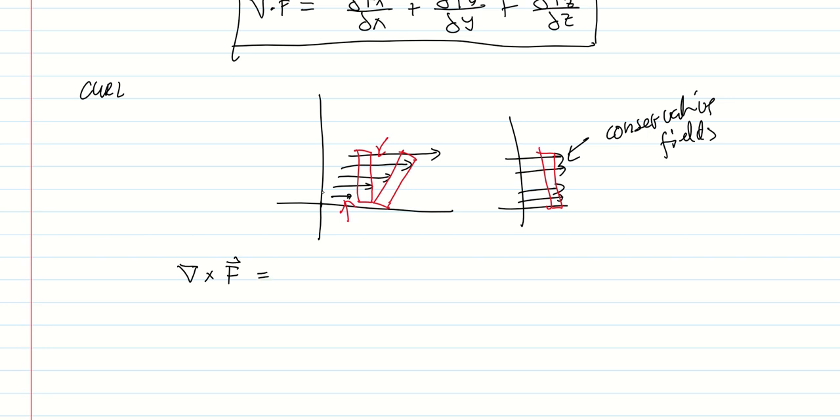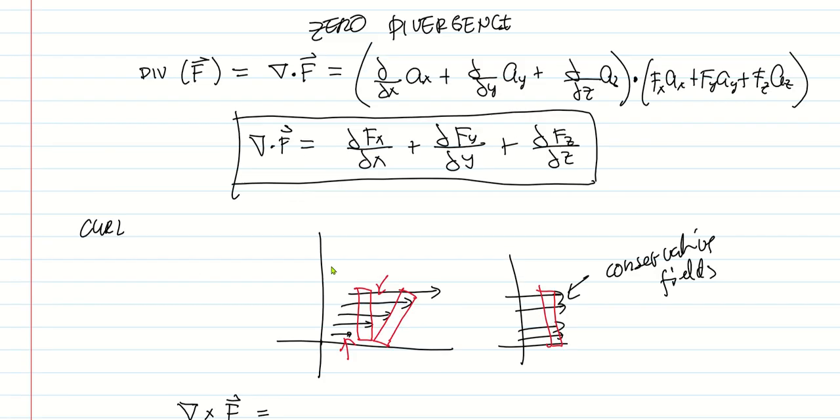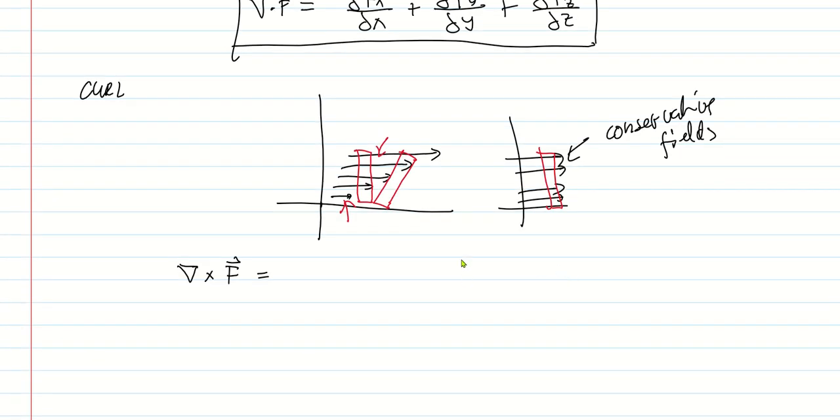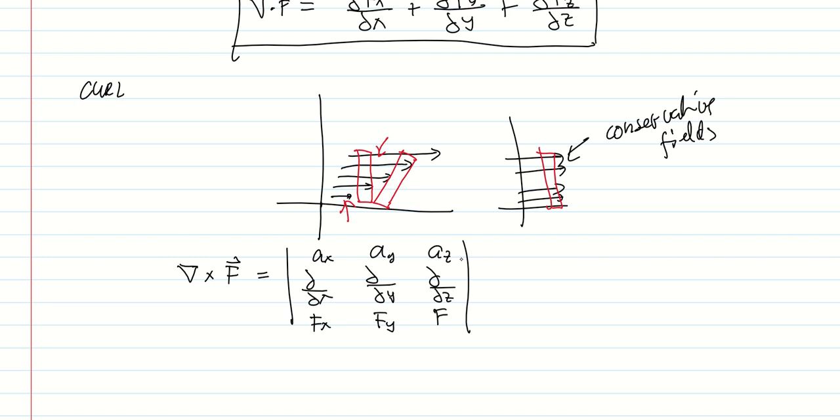So again, if the components of f are f_x, f_y, f_z, we evaluate this as a determinant with a_x, a_y, a_z, then the partial derivative with respect to x, y, and z, and the components f_x, f_y, and f_z. So this is how we calculate the curl, and the result will always be a vector quantity.